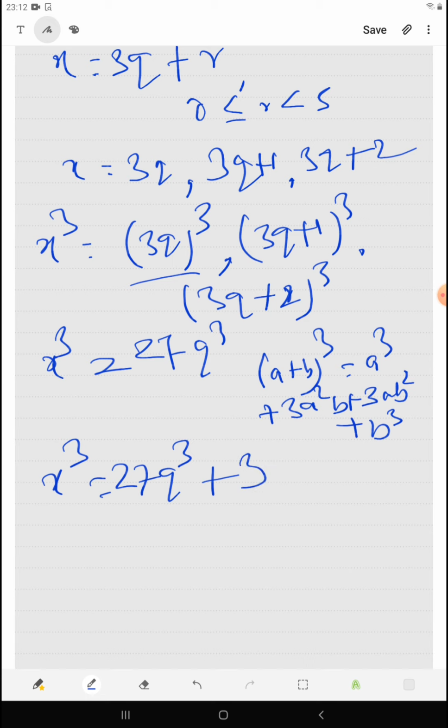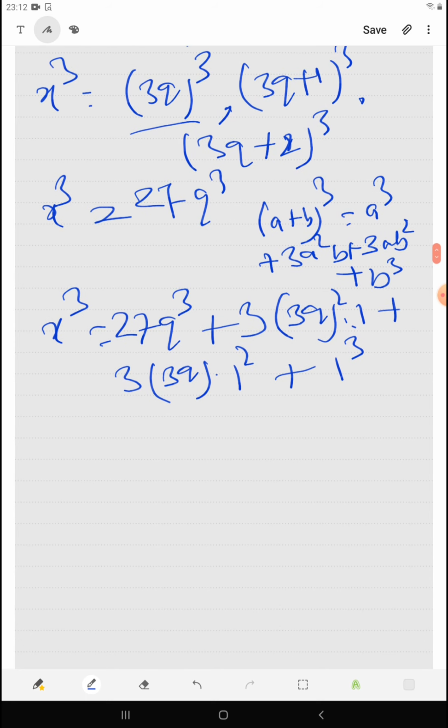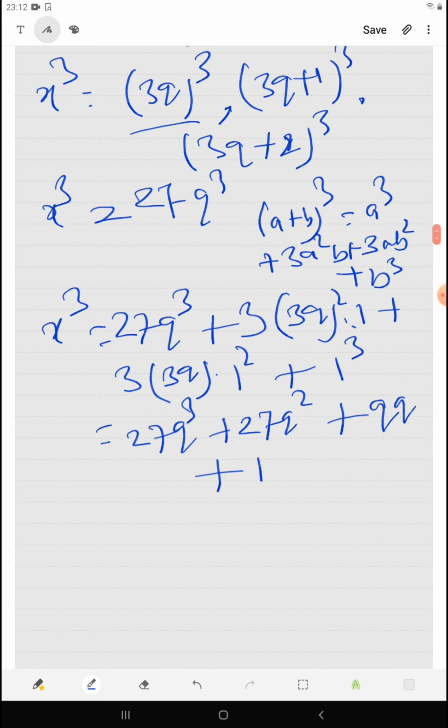So it will be 3 into 3q whole square into 1 plus 3 into 3q into 1 square plus 1 cube. That will give me 27q cube plus 27q square plus 9q plus 1.